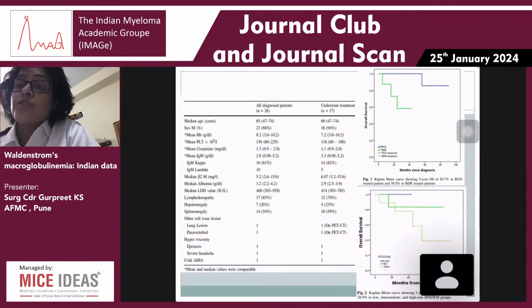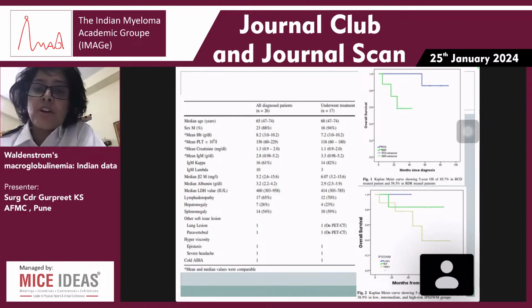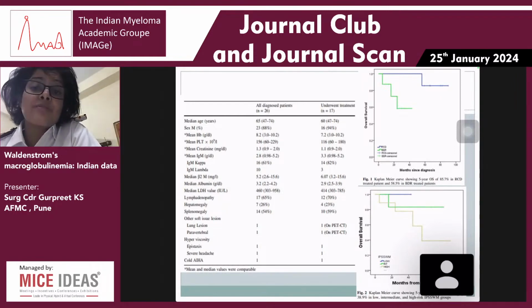The 5-year overall survival in patients who had RCD was 85.7% versus those treated with BDR, which was 58.5%. They also had patients who had lung lesions and paravertebral lesions. One patient presented with epistaxis and one patient with severe headache.